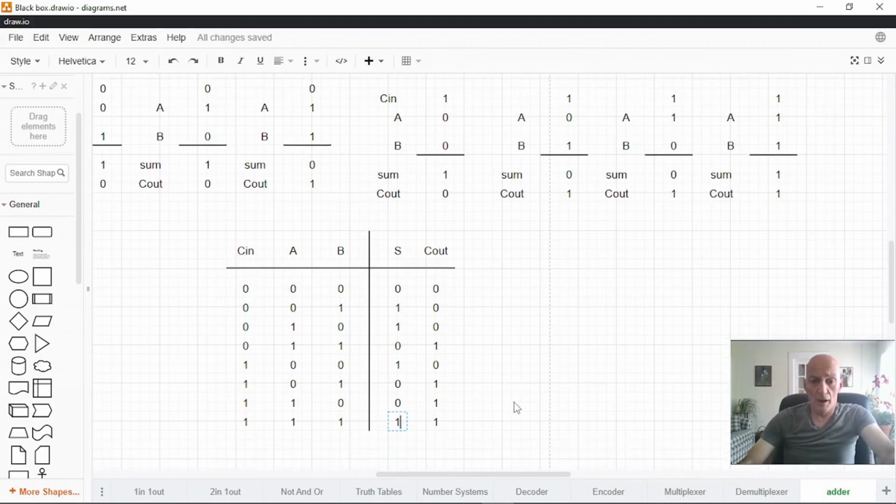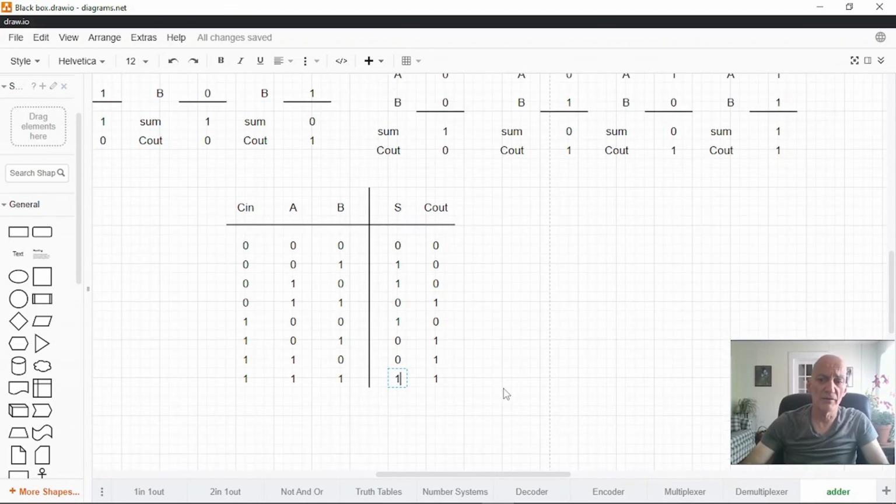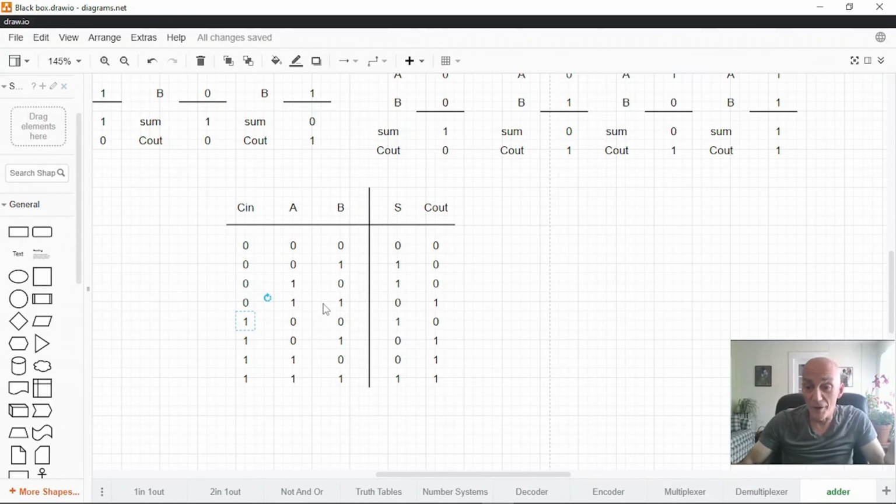Great. A couple of things to notice from this. Obviously, if all the inputs are zeros, we get a 0 out. But what about the cases where exactly one of the 3 is a 1? For example, here, and here, and here. In those 3 cases, the result is 1 and no carry.